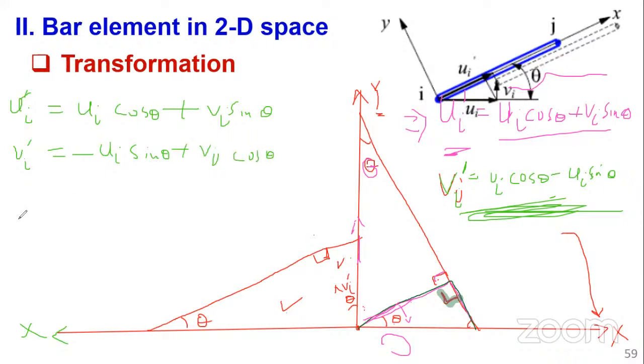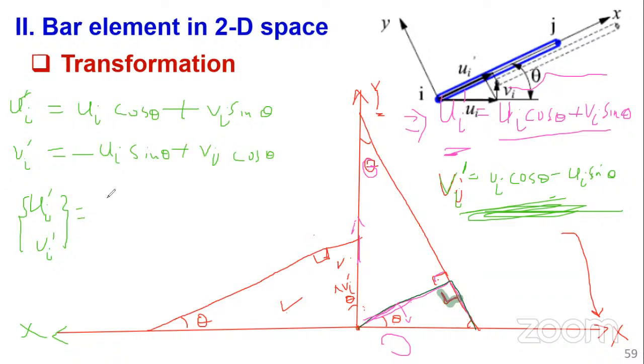In matrix form, we can write this as ui in the local coordinate system, vi in the local coordinate system. You should be able to write better than me because I'm using a mouse.